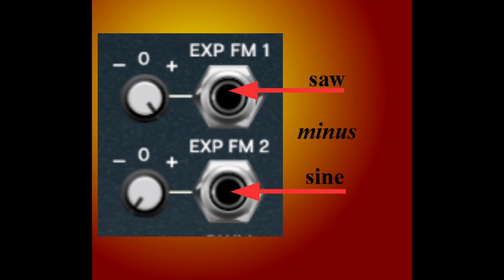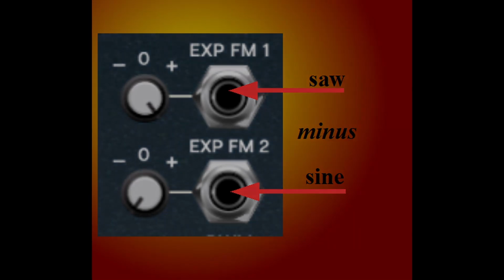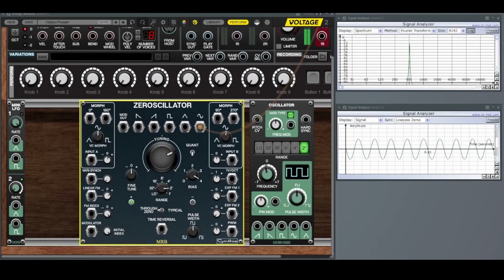Patching a saw wave into FM input 1 and turning the pot to plus maximum, and patching a sine wave into FM input 2 and turning the pot to minus maximum gives us the answer to all our questions. Sensational. Let me try some of these equations now.